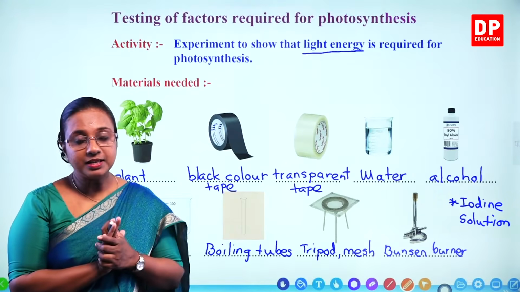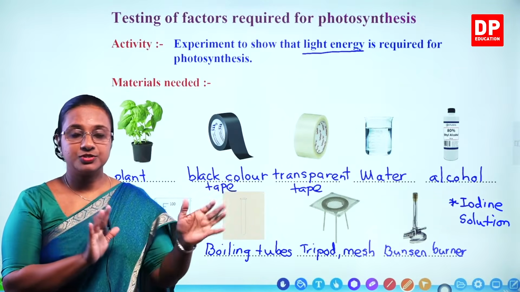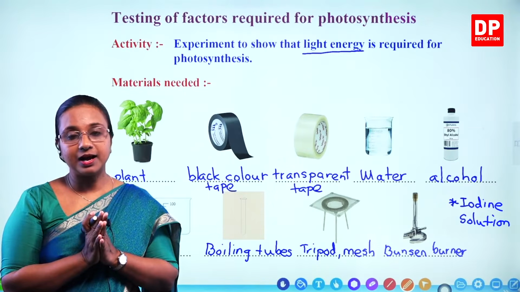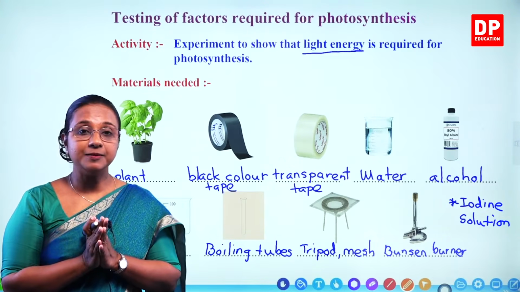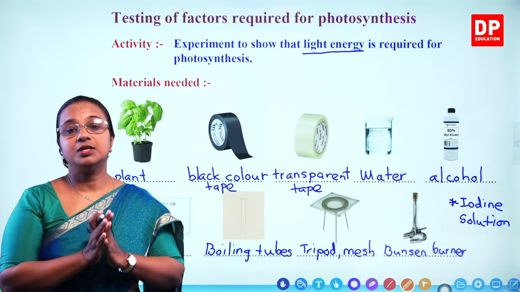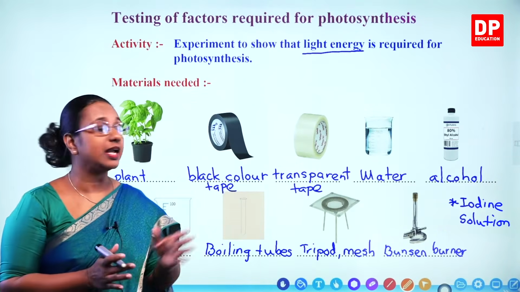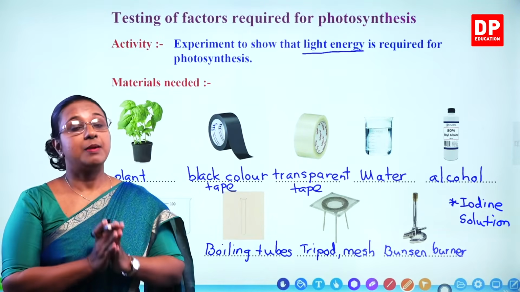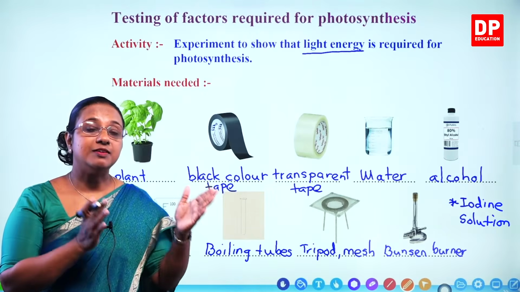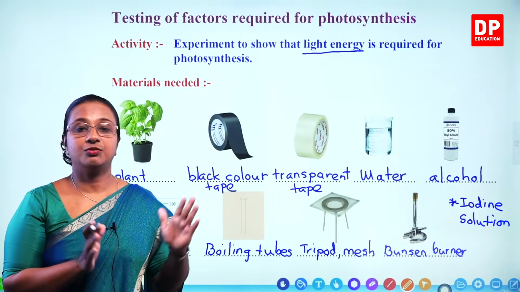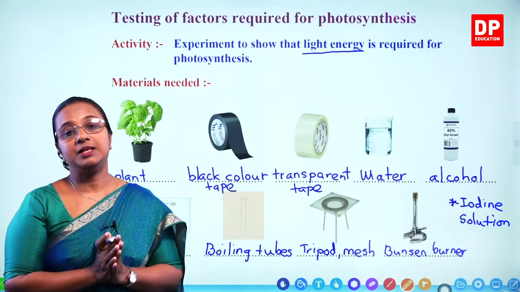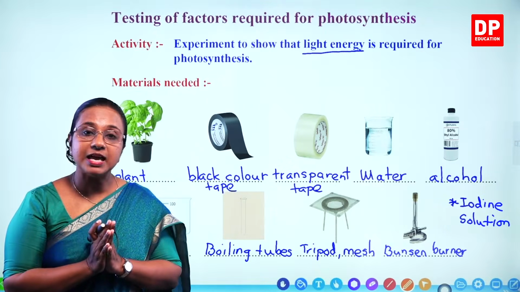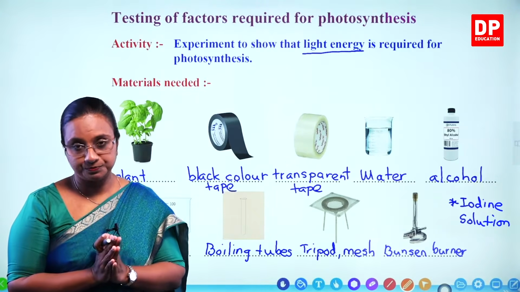You can keep it in a cupboard, close it inside a cupboard, or you can completely cover it with a large black color bag, and you have to make sure that there is no sunlight falling on this plant for 48 hours. But we have to make sure that we give enough water. So you have to water the plant, then keep it in the dark for 48 hours. So that is the first step you have to do.